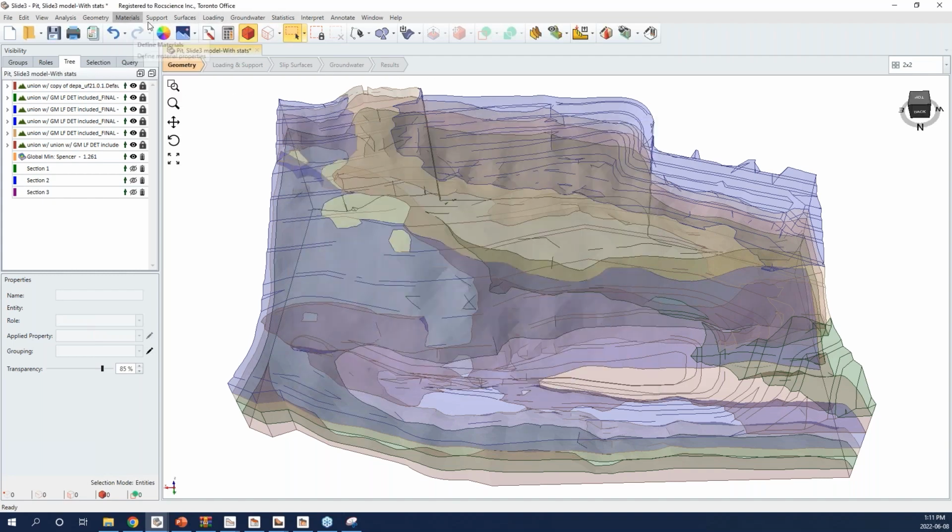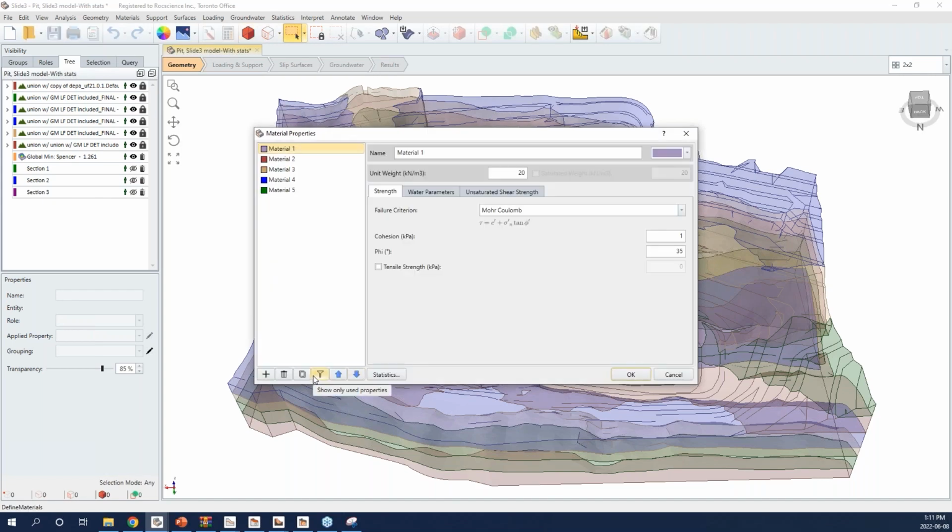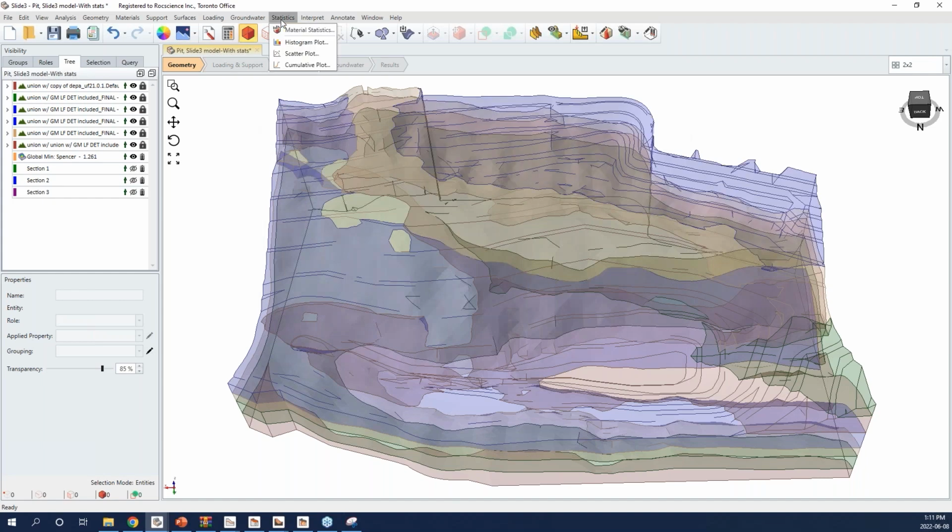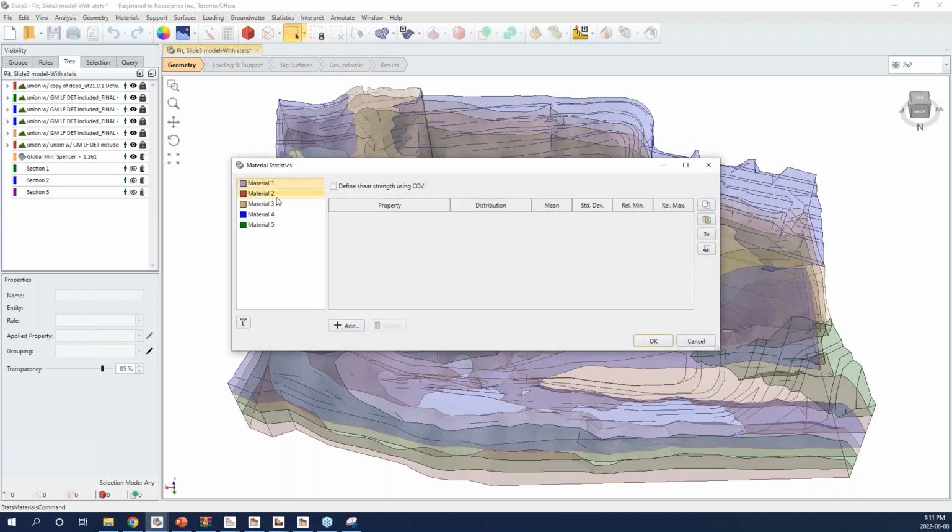If we look at the material properties, we have defined 4 different material types. They are all Mohr-Coulomb with different values of cohesion and friction angle. You can either go to the statistics menu from here, or close this one, go to statistics, material statistics, and look at the statistical parameters that we define for each material.